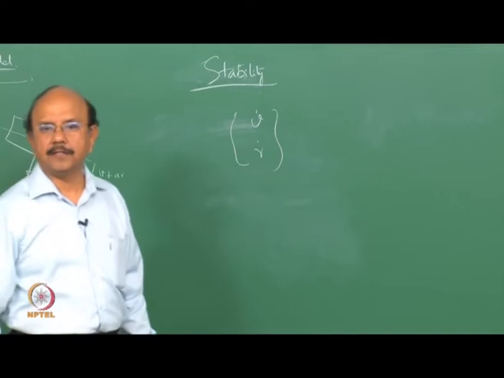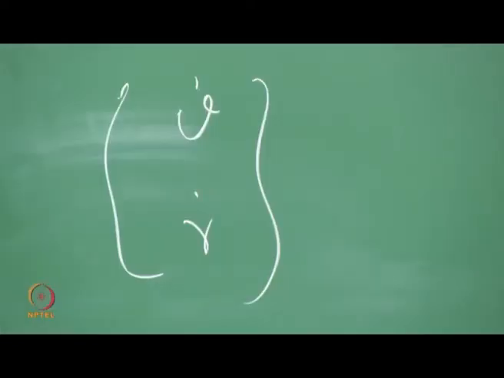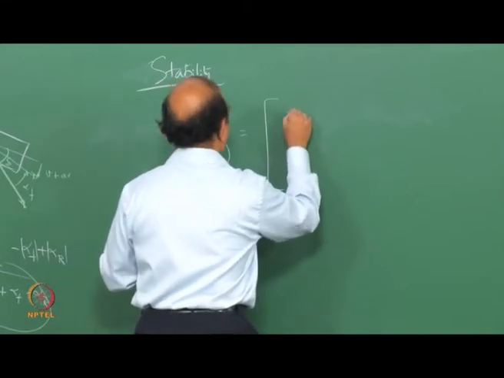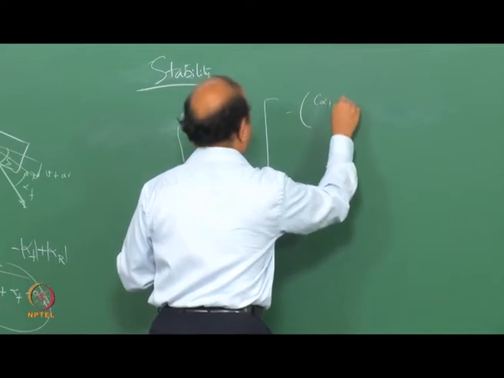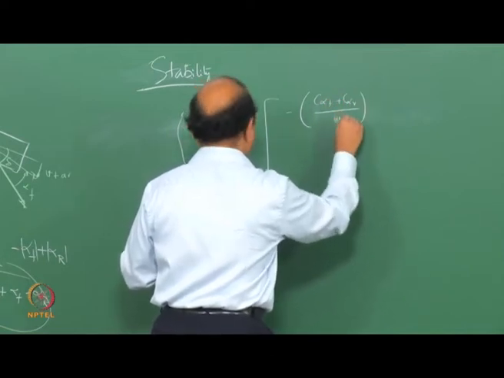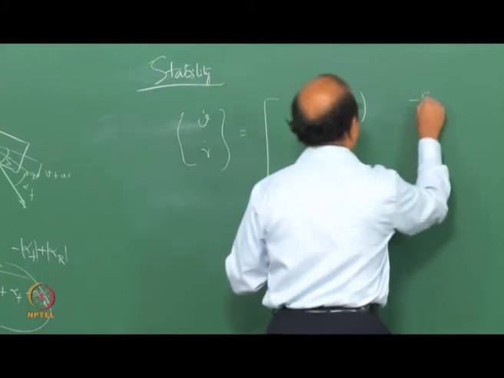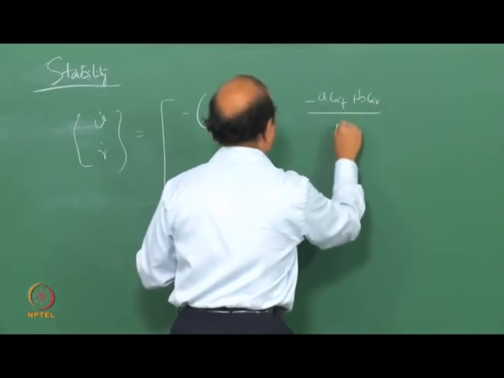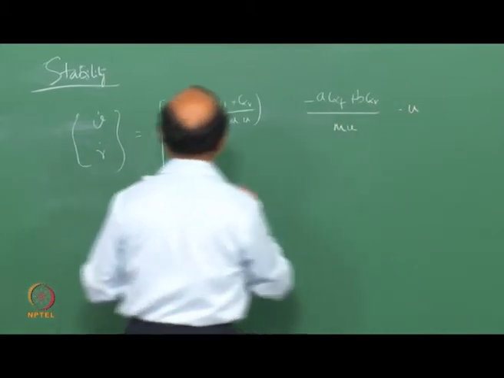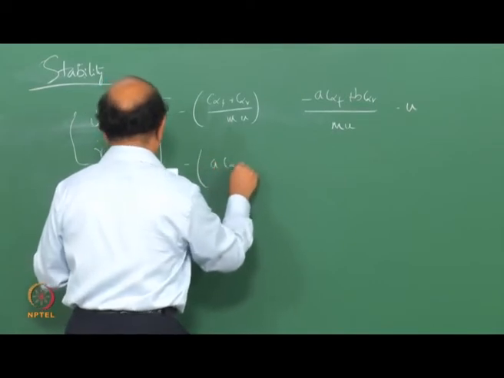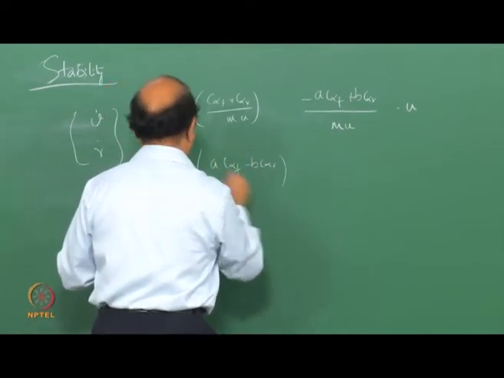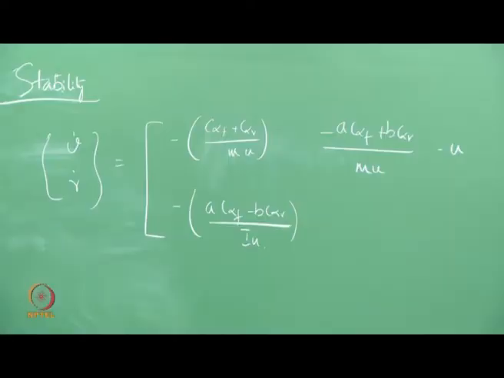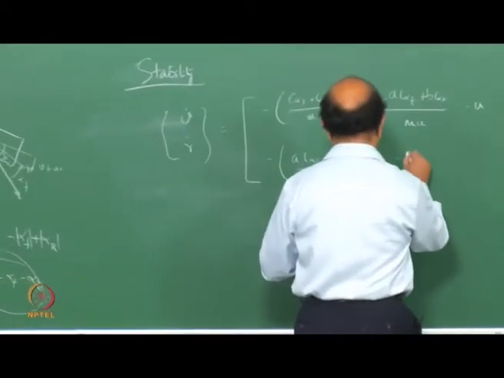So V and R are our state equations, and so this would become minus C alpha F plus C alpha R divided by M U, minus A C alpha F plus B C alpha R divided by M U minus U, minus A C alpha F minus B C alpha R divided by I U. I is nothing but the moment of inertia term, I Z, or I ZZ, however you want to pronounce.